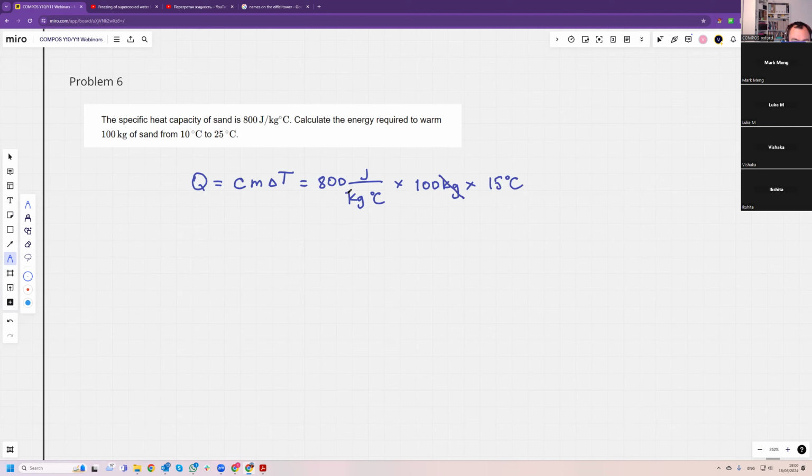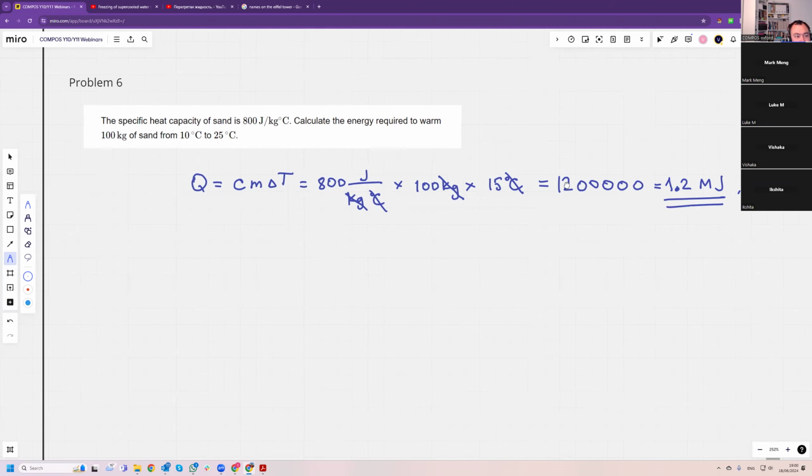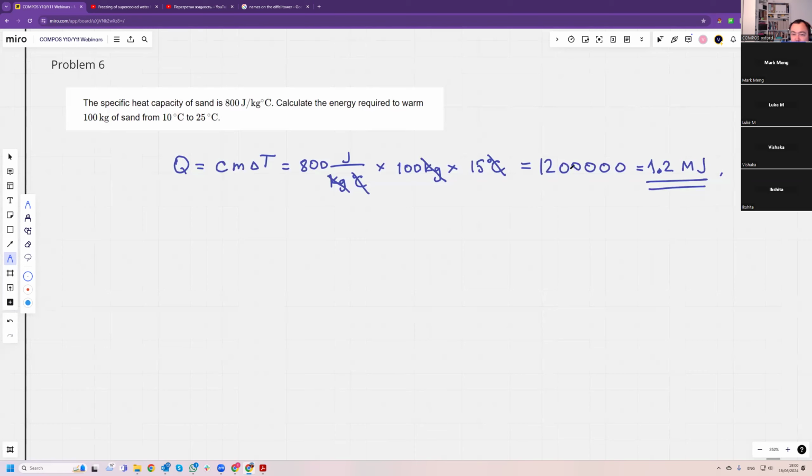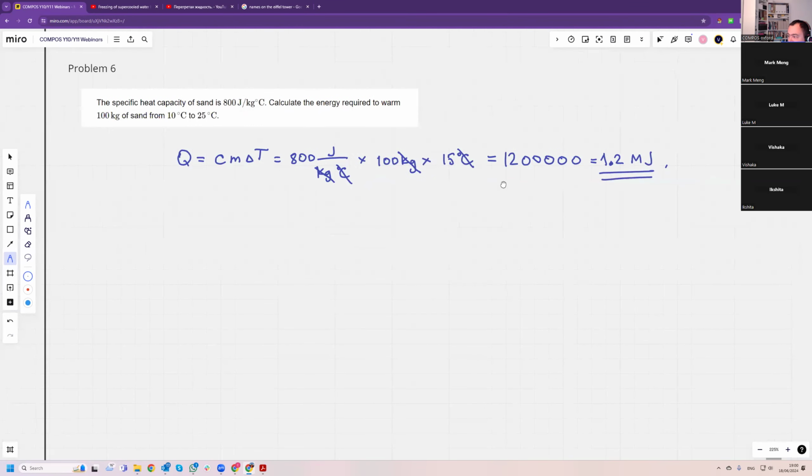You can see kilograms cancel, Celsius cancels, and we're left with joules. 800 times 15 is 12,000, so it's 1.2 megajoules. That's it. Okay, any questions here?